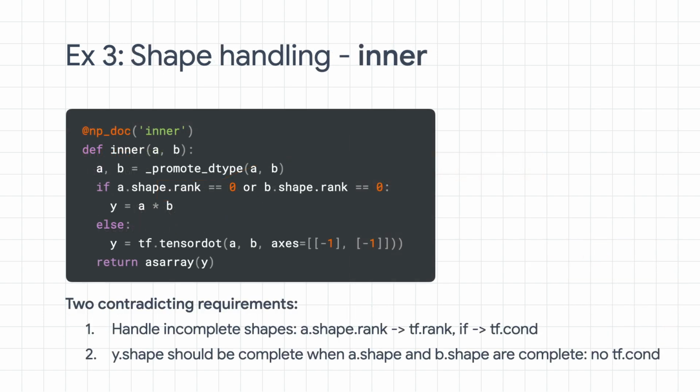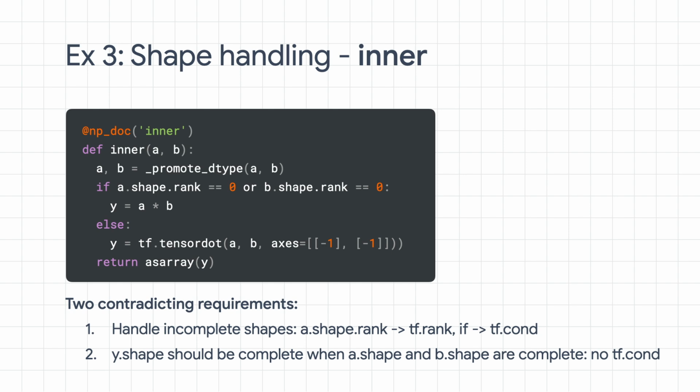Our last example is for showing the complication of handling incomplete shapes. So in some of our ops, because of the behavior of official NumPy, we need, or we want, to do totally different computations based on the shape and the rank.